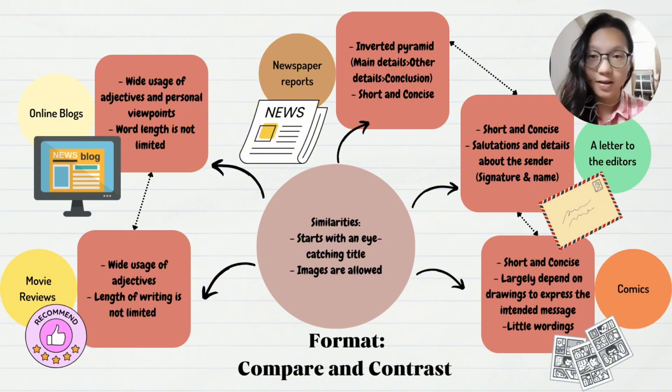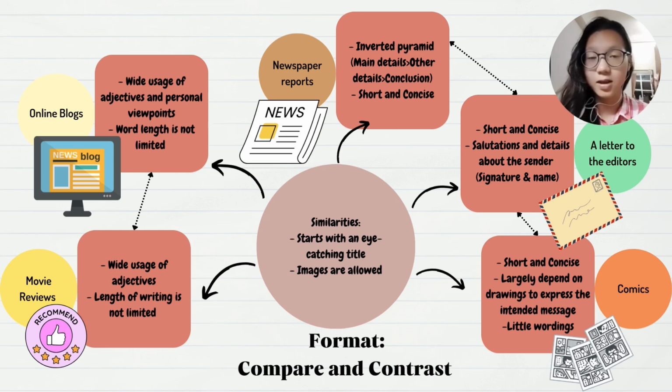I'll be presenting about the format, the compare and contrast among newspaper reports, letter to editors, comics, online blogs, and movie reviews. So first off, we have newspaper reports. What makes newspaper reports have a different format from others is actually the inverted pyramid writing format. Okay, so what is inverted pyramid writing format?